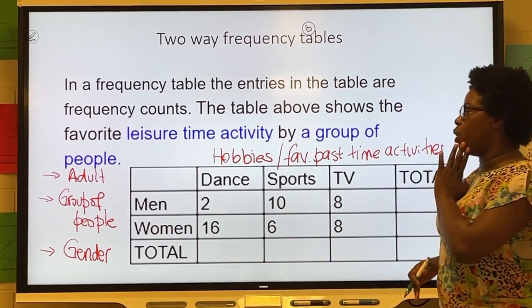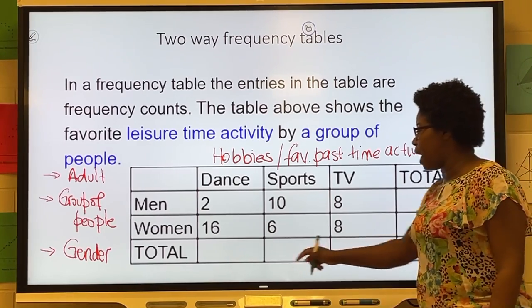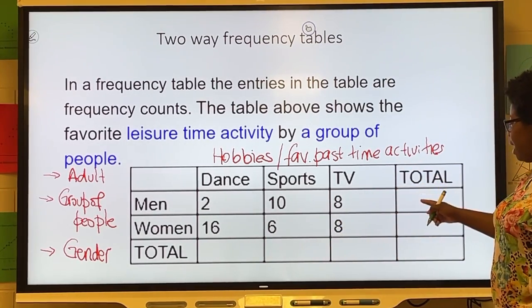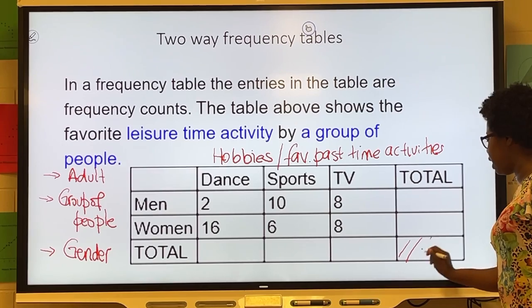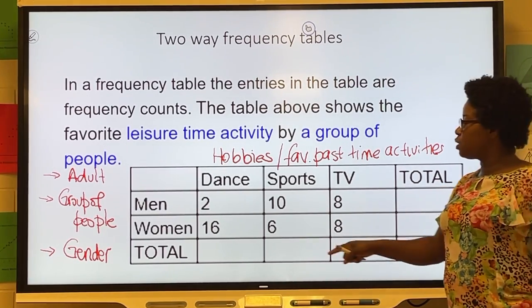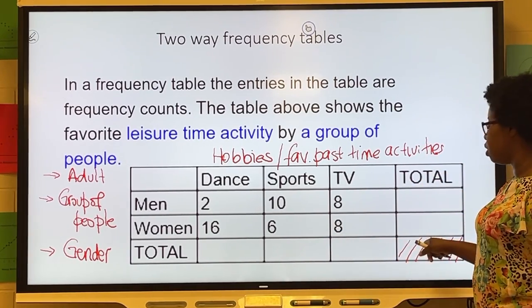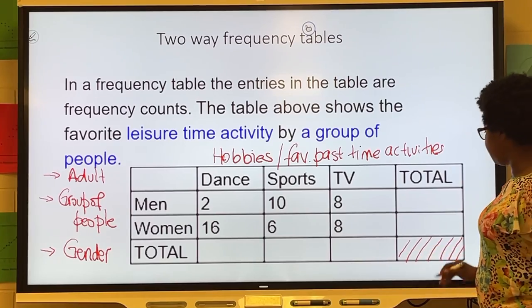Regardless, when you add the column total and the row total, this final cell is common to both of them. So adding horizontally and vertically should give you the same answer when you get to this cell right here.